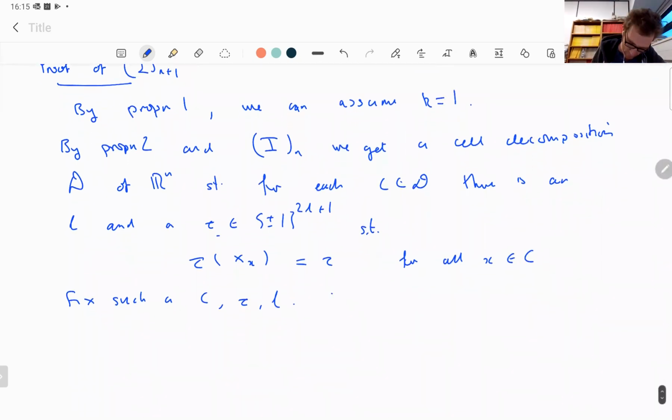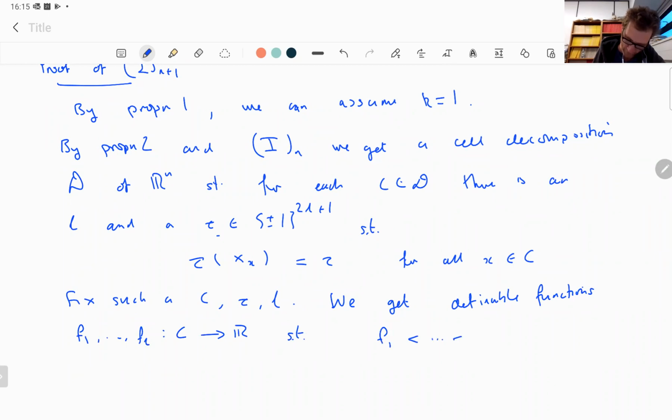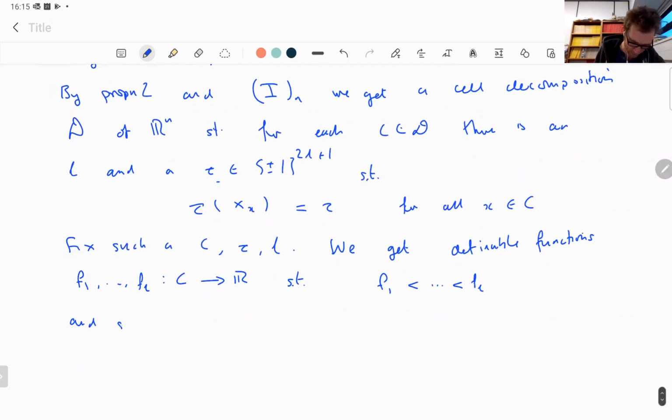So we get definable functions F1 up to FL defined on C such that F1 is less than F2 is less than and so on up to FL, and such that each possible interval over C is either contained in X or disjoint from X.